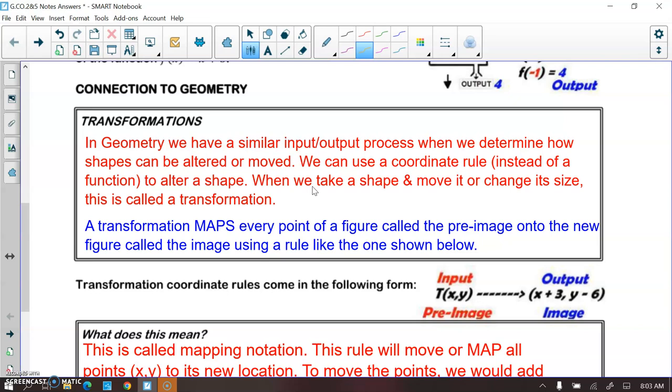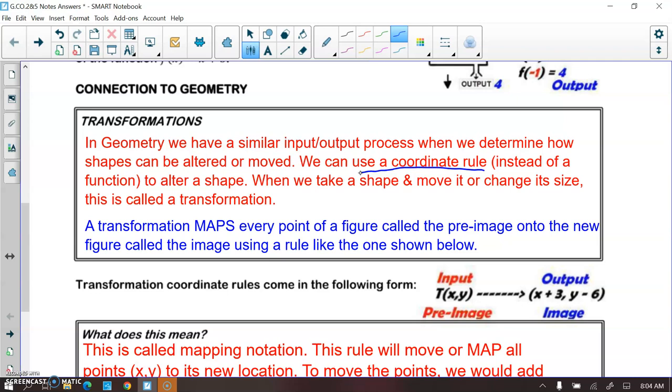And how we move it to a new location is we use a coordinate rule to take that shape and move it. Or sometimes I might ask you to take a shape and change its size. And again, to change the size of the shape, we would use a coordinate rule to change the size.